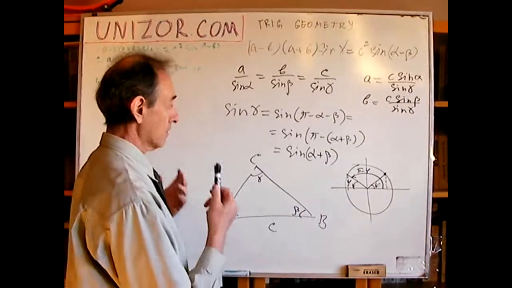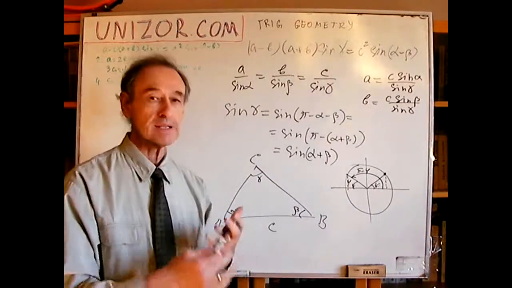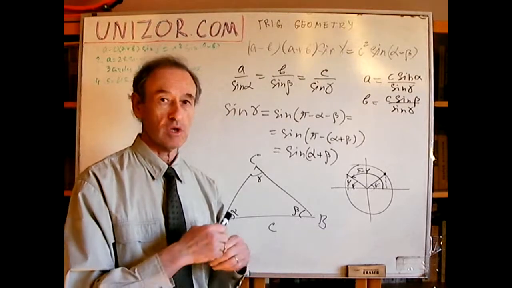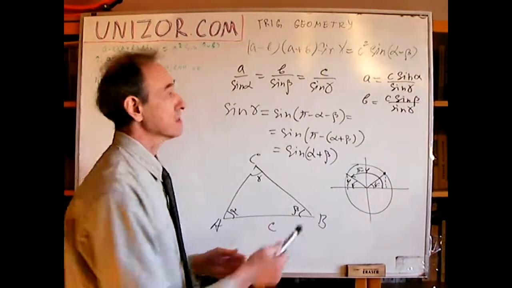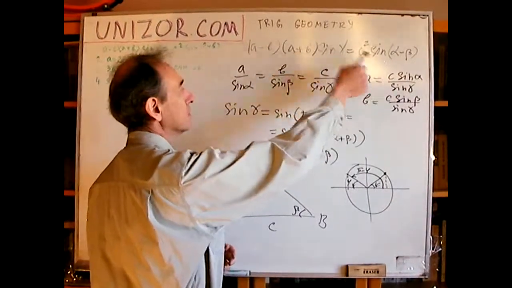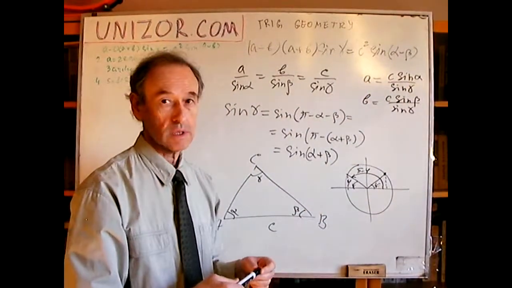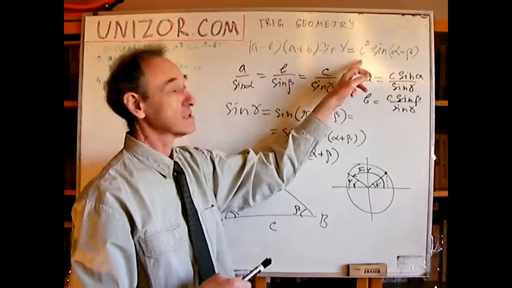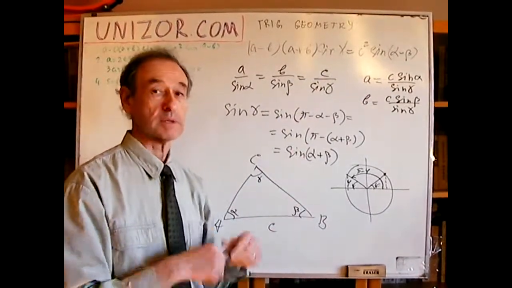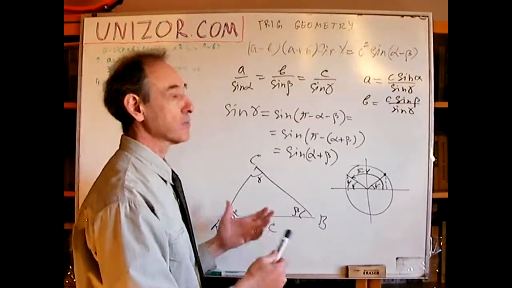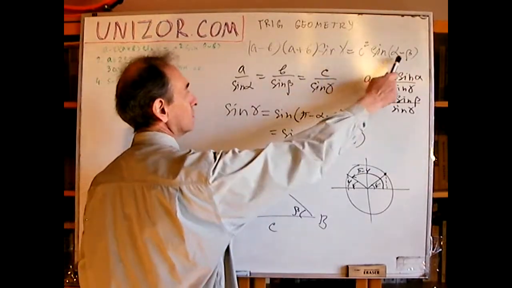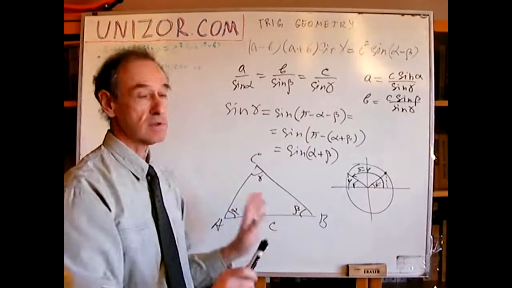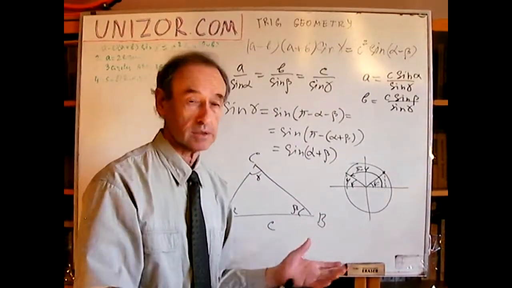So that's actually three independent elements which basically define a triangle. So it's not a surprise that I will need exactly three elements to express all other elements. So I need alpha, beta, and c to express all other elements in terms of these elements. So that's what I'm going to do. I will take three independent variables, in this case c, alpha, and beta, and express everything in these terms, and then see if I will get an identity.